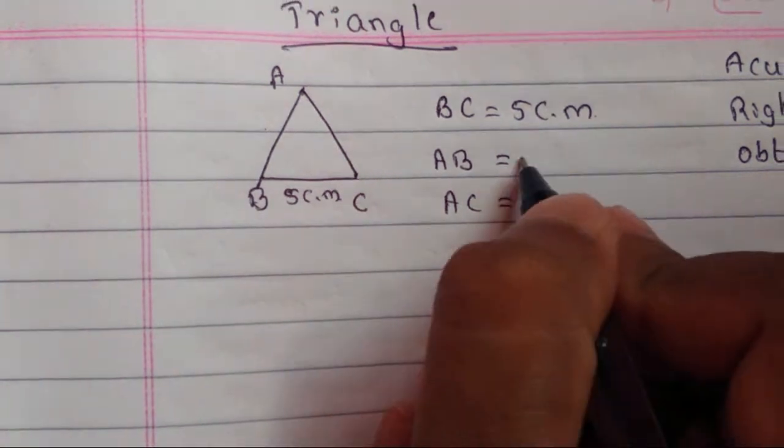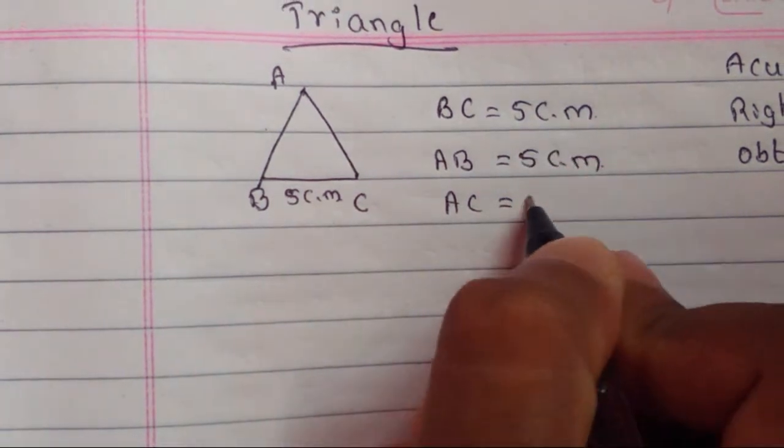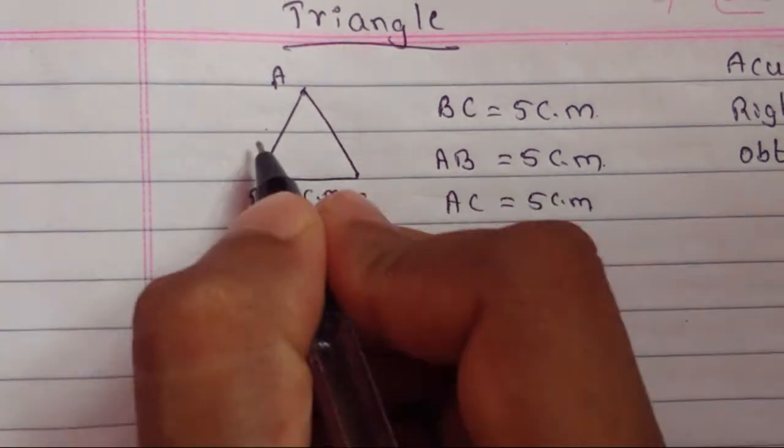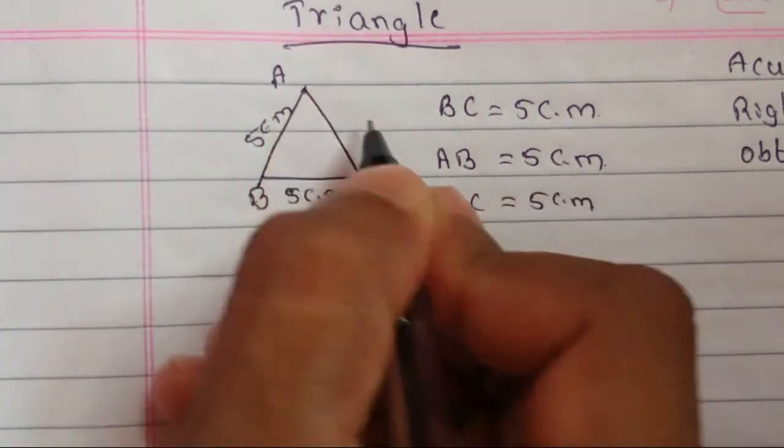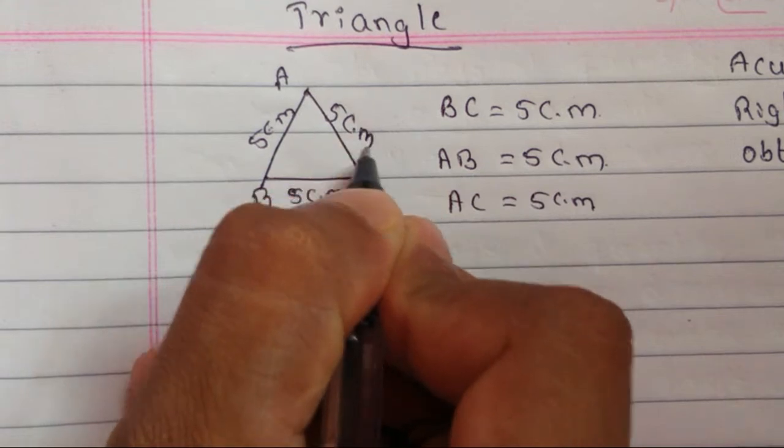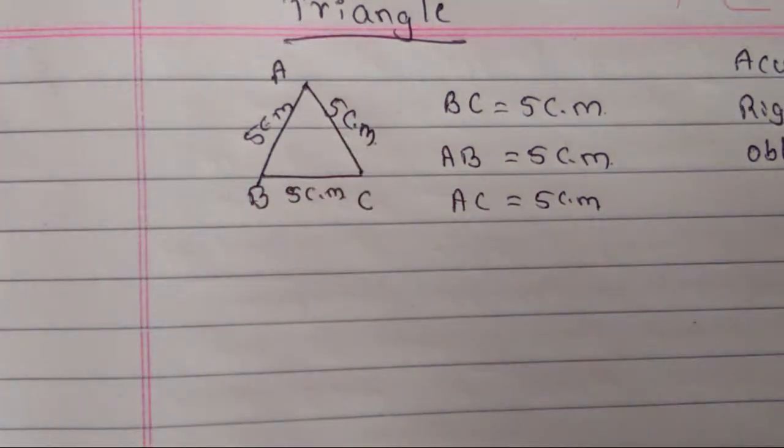Yes, that is the correct answer. 5 centimeters, and this also 5 centimeters, because it is an equilateral triangle. So in an equilateral triangle, all the side lengths are equal to each other.